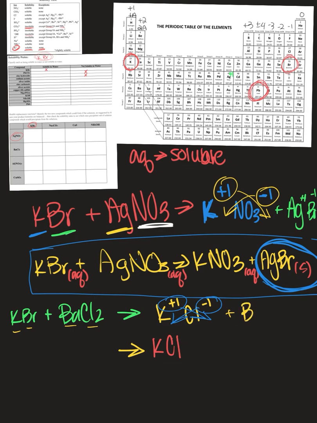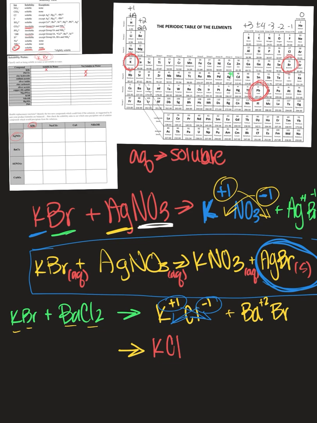We have barium. Who is barium's new partner? Br. Good. What is the charge of barium? Look on your periodic table. One vote for +2. Does anybody else agree? +2. Good. And then what is the charge of bromine? One vote for -1.